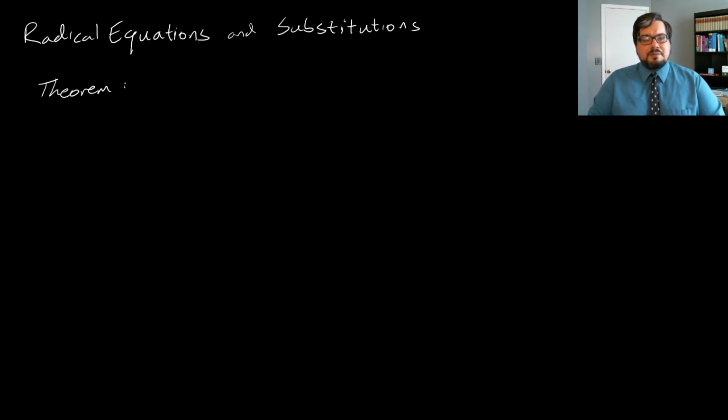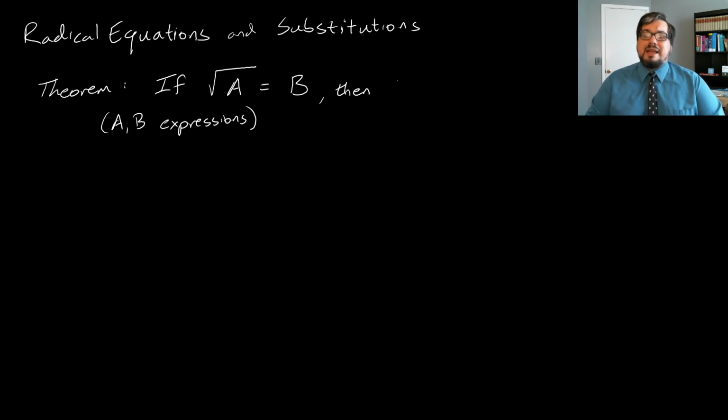So the theorem says that if the square root of a equals b, where here a and b are expressions, then we can basically square both sides. And we can think about what happens if we take the square of both sides.